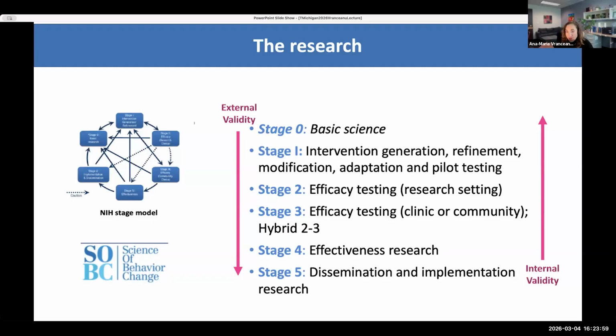You can go back and forth if you have to make modifications. And then we also use the science of behavioral change guidelines for identifying mechanisms for interventions as well as measuring them appropriately. If you don't know of the science of behavioral change, definitely Google them. They have a lot of really cool information that's very useful in the process of intervention development.